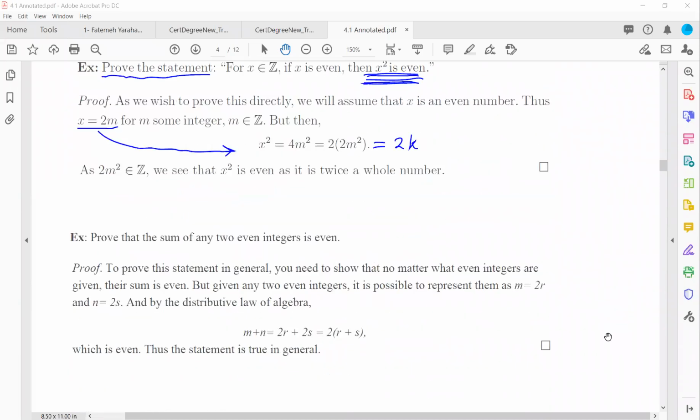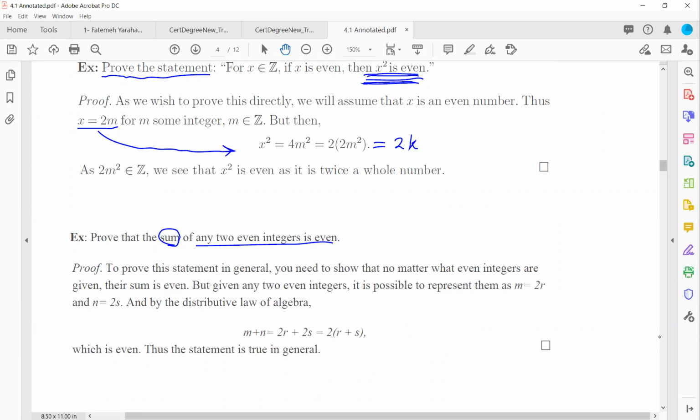Next example. Prove that the sum of any two even integers is even. Very well. Let us try using the direct definition. Suppose we take two random even numbers.